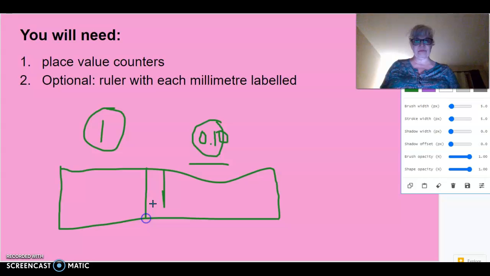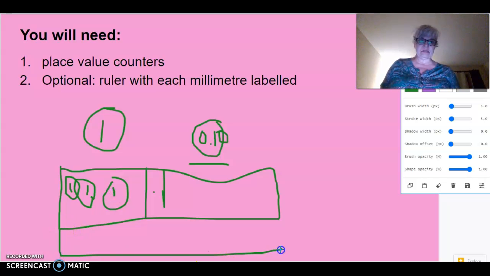All right, and so you can use those. If you're going to put a decimal point in the middle, you might have 3, just so you can see how you would use these.